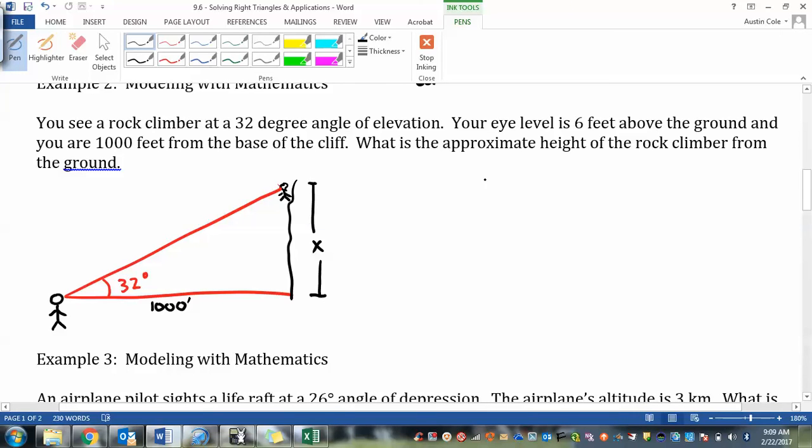So guys, I always think it's a good idea to draw a picture, and then simplify it with a triangle to get my stick people and all this other stuff off of there. So I've got 32 degrees right here. I've got x right there, and this is 1,000. So, with respect to 32, which two sides do I have there, Serena?